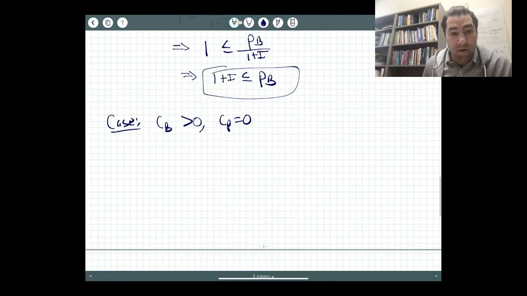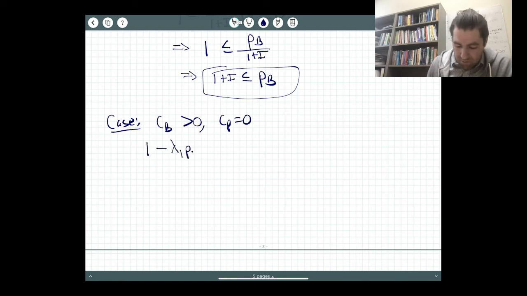Right? So liquid dinner here. So in this case, this constraint has to be equal to 0, but this one does not.